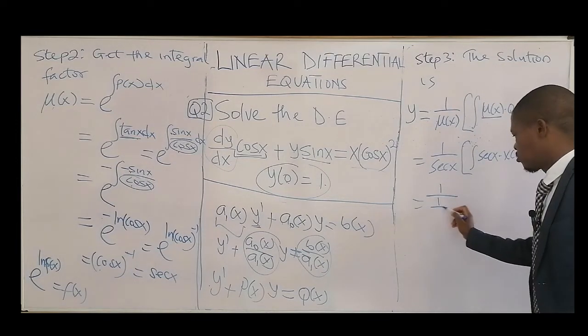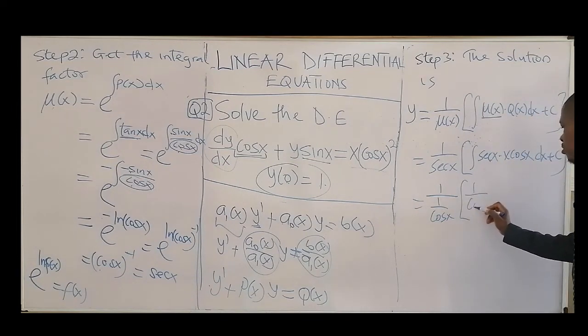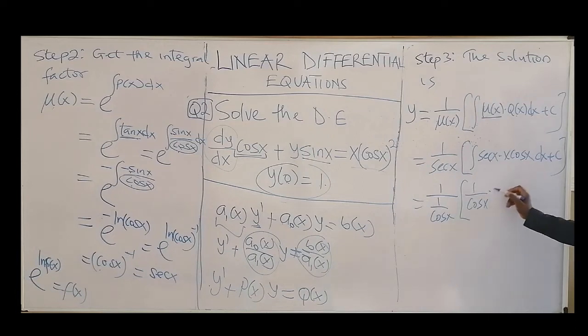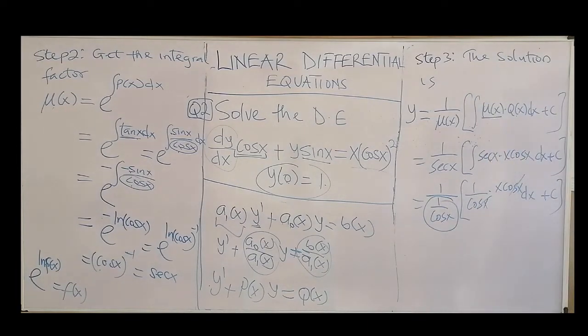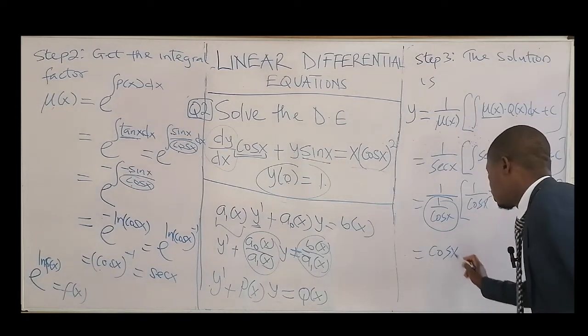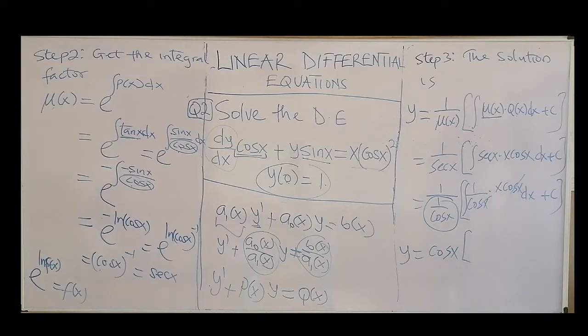The sec is 1 over cos, and then sec is 1 over cos x times x cos x dx plus c. Cos will cancel out, cosine will cancel out each other. Okay, then we now have the inverse of 1 over cos x, which will be cos x, and that will be equal to, in brackets, the integral of what? To remain x here, x dx plus c.